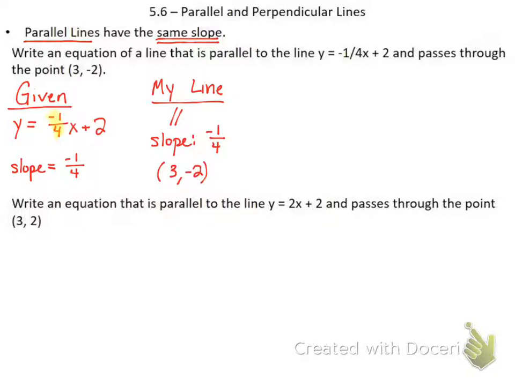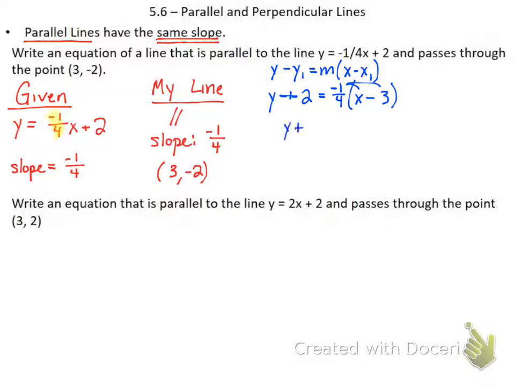Once I have the slope and a point, I can plug it into my point slope form: y minus y1 equals m parentheses x minus x1. So y minus negative 2 is equal to negative 1/4 parentheses x minus my x coordinate, which is 3. I can distribute. Remember that on the left-hand side, minus a negative is the same thing as plus a positive.